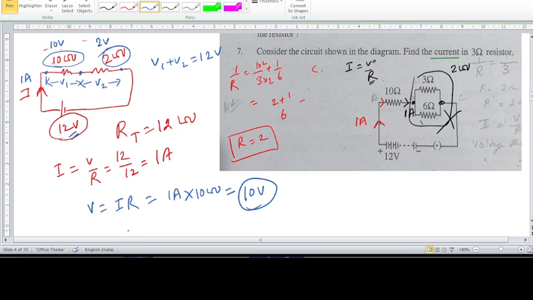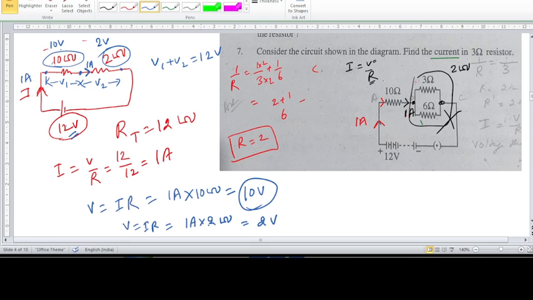You can also calculate it manually. V is equal to IR. Both are in series, so here also the current will be the same, 1 ampere. What is its resistance? It is 2 ohm. So 1 ampere into 2 ohm is equal to 2 volt.